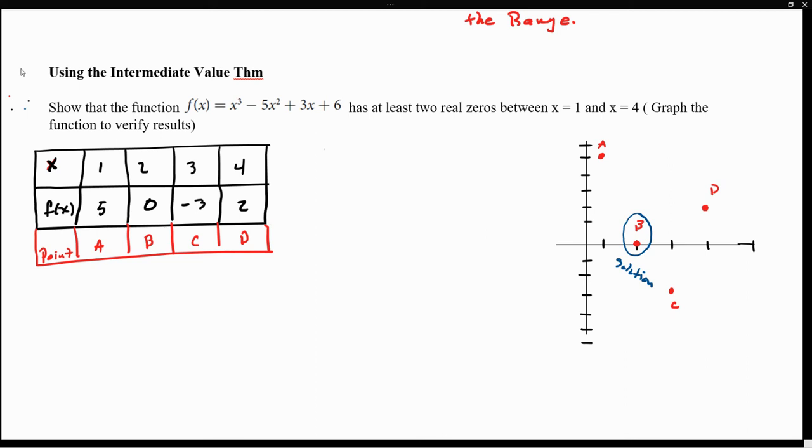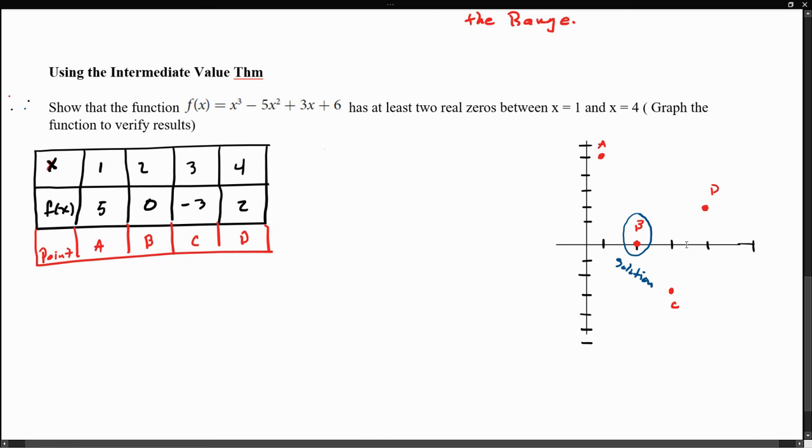Well, by the intermediate value theorem, we know that f of x is a continuous function. And I know that if this function is continuous, notice that 0 is a y value between D and C. So if I choose a y value between D and C, which in this case is 0, there must be an x value that will give me that output.